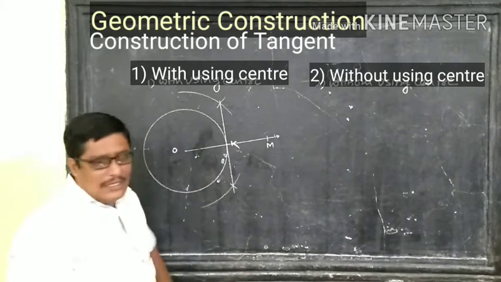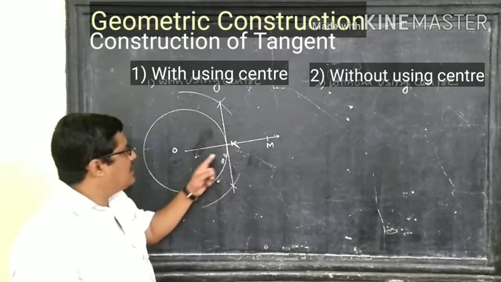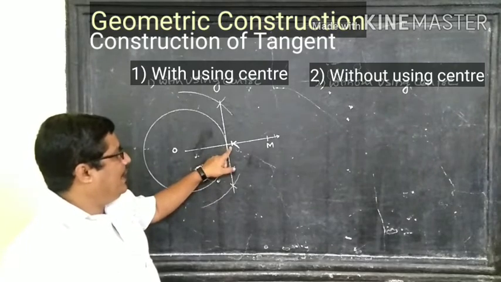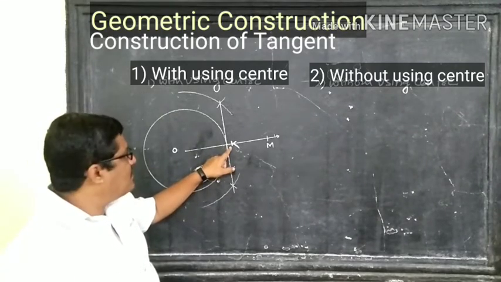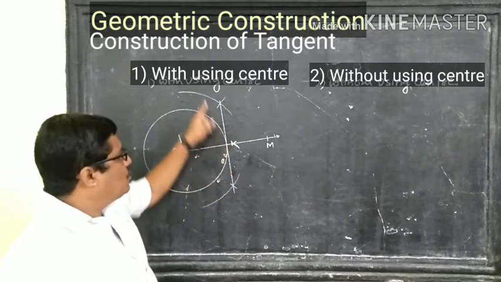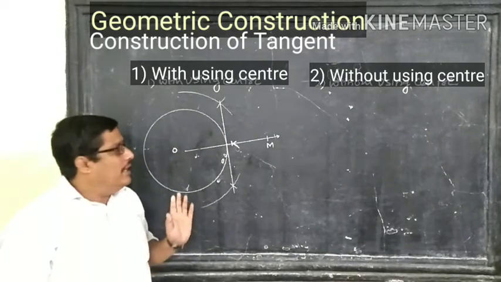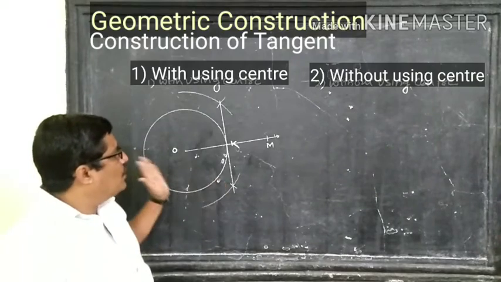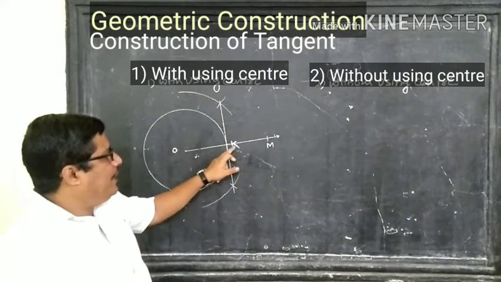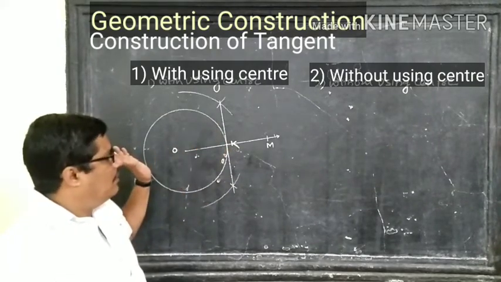So this is a tangent line which is intersecting at point K, or we can say it is just touching at point K. So in this way we can draw a tangent to the circle from any point K on the circle.